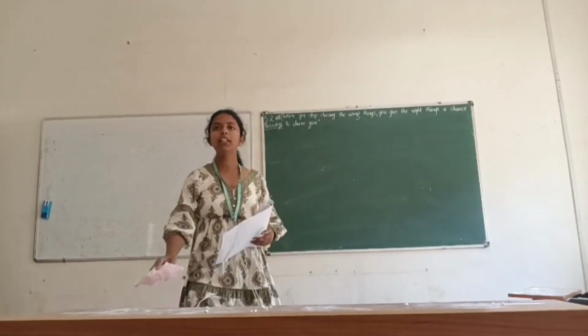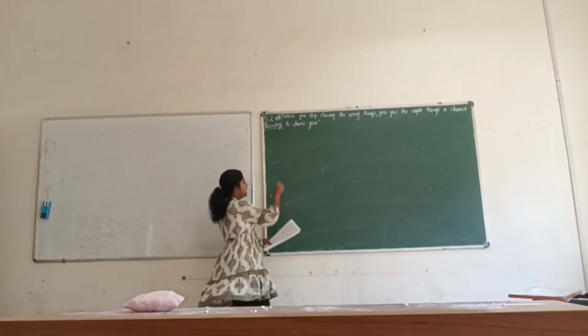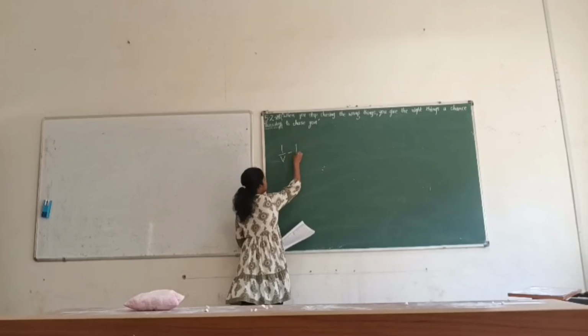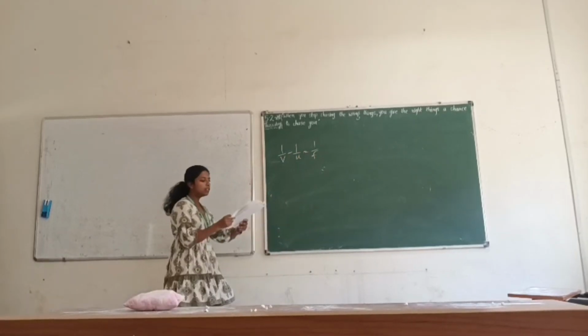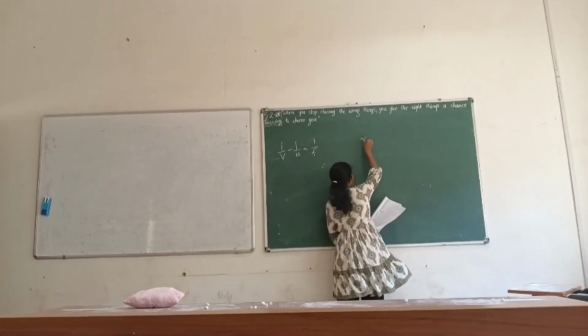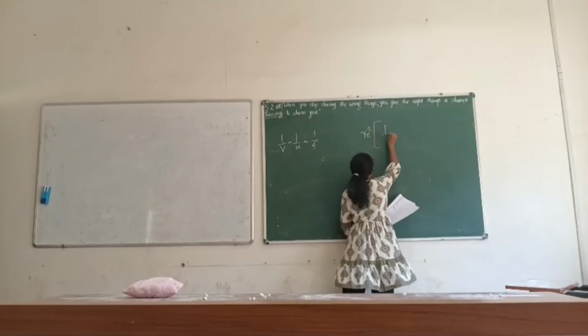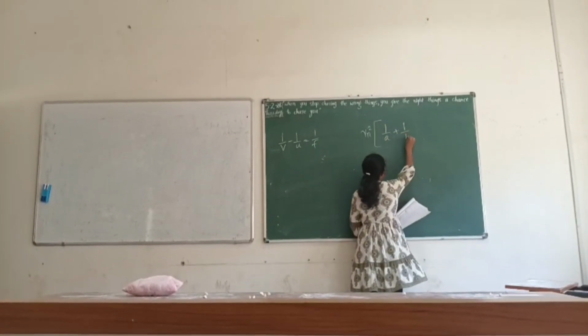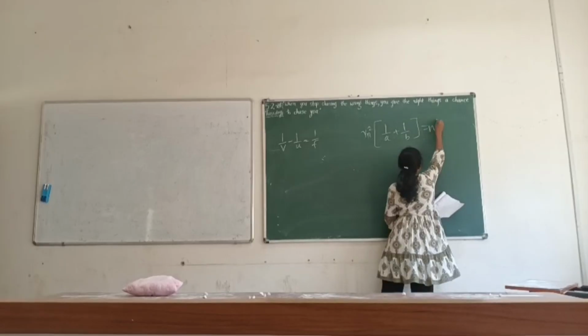We know the sign convention equation used for lenses: 1 by B minus 1 by A is equal to 1 by f. Using this equation, we can rewrite the equation we have found. Rn square times (1 by A plus 1 by B) equals n lambda.